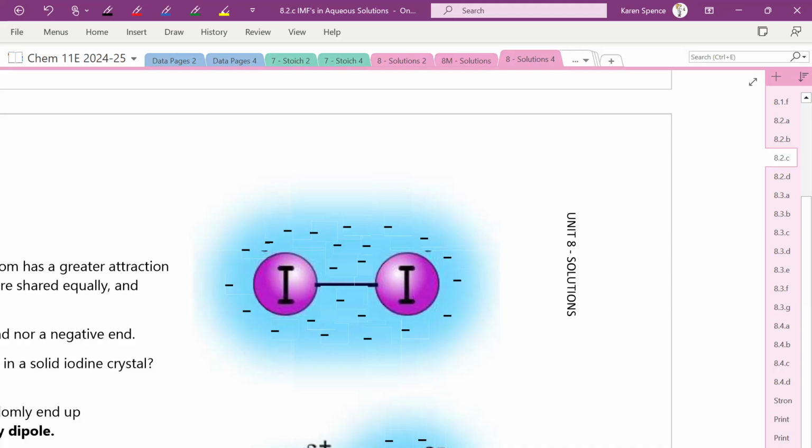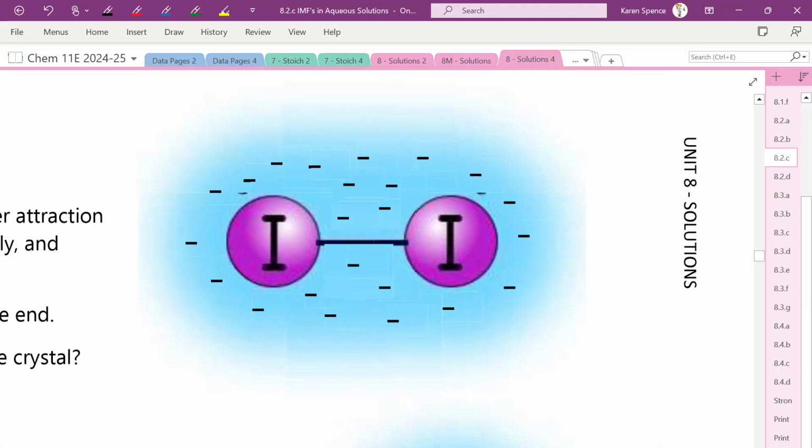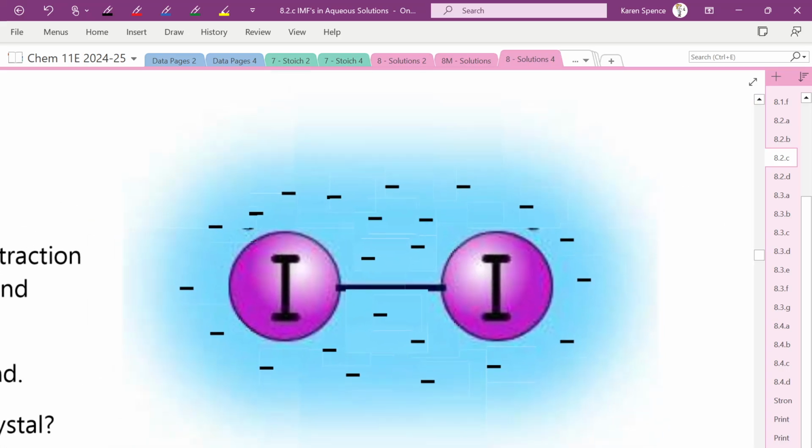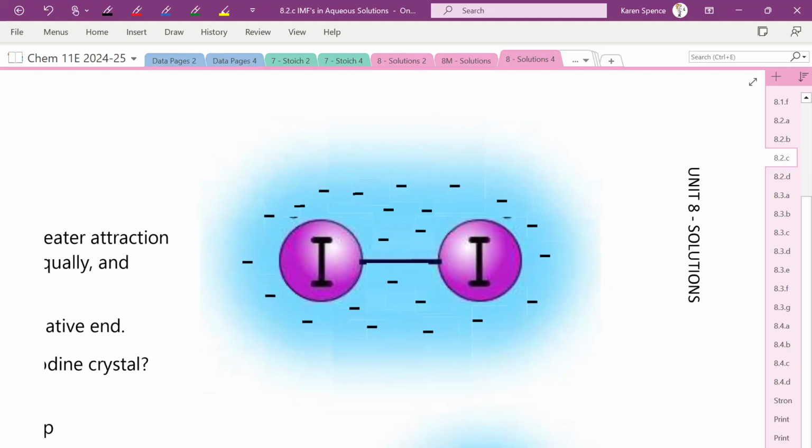Lots of electrons. I've only drawn a few of them here. If you look up close, you can see how I had to cut and paste them. I don't know if you can see these little tiny white lines here and here. I cut and pasted all those. So that was kind of fun. But anyway, this is our iodine molecule.